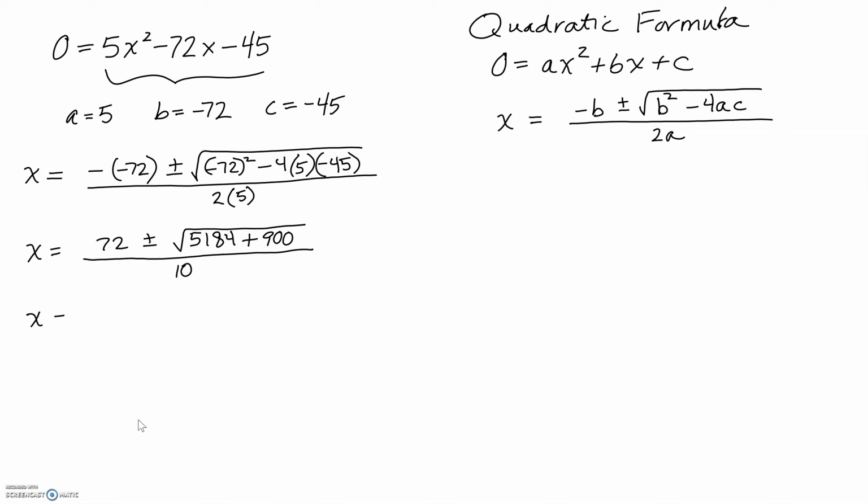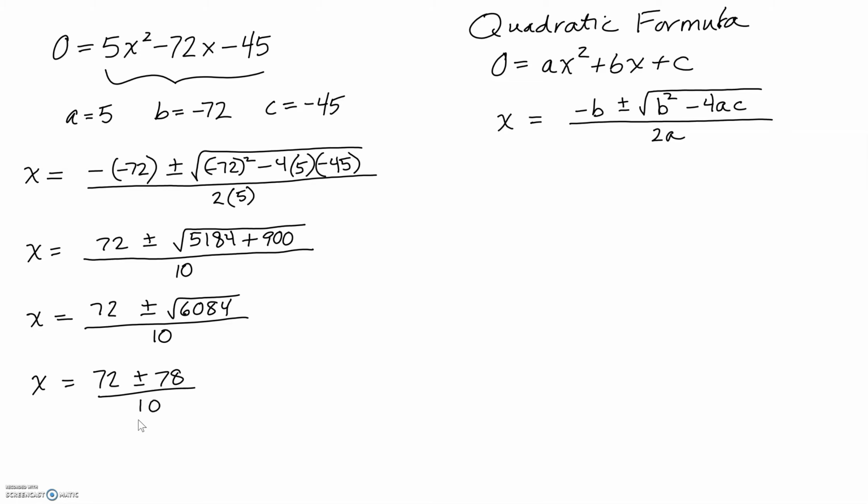Continue simplifying: 72 plus or minus the square root, adding 900 and 5,184, we get 6,084. And since we already knew this would factor, the one nice thing about something that factors is that this square root in the quadratic formula will always come out as an exact number. So the square root of 6,084, using your calculator, comes out to 78.